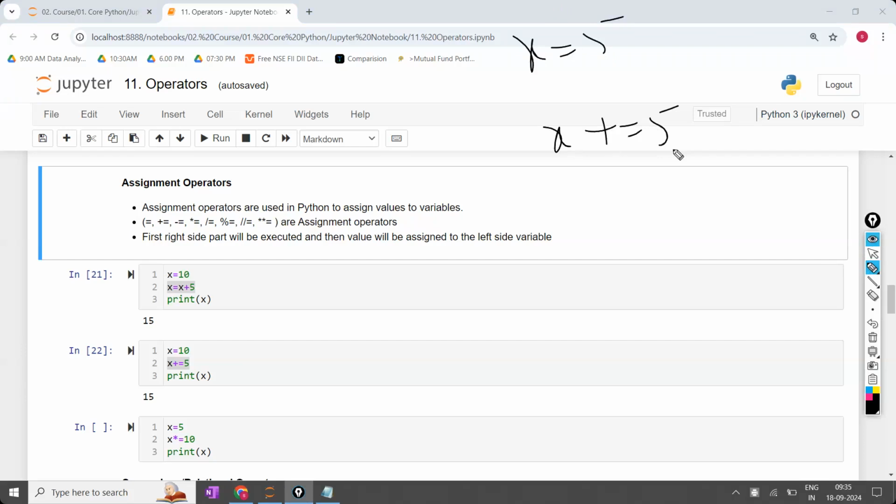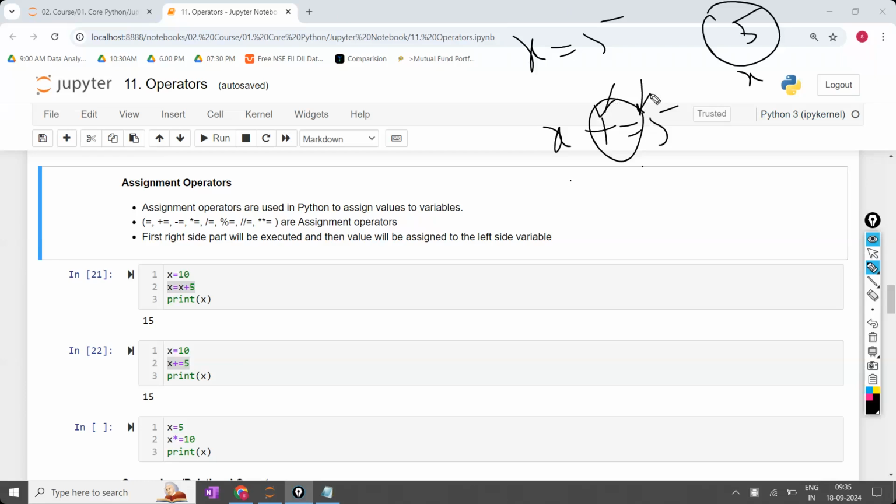First it will perform the operation. Here it will assign the 5 directly, but here it is performing the operation first: x is equal to x plus 5, that is 5 plus 5, 10, and later it is going to assign. So arithmetic operation followed by assignment operator. Two things it is going to do.